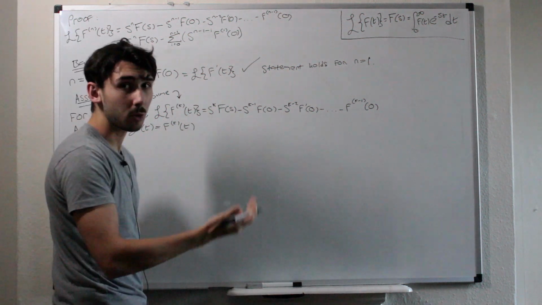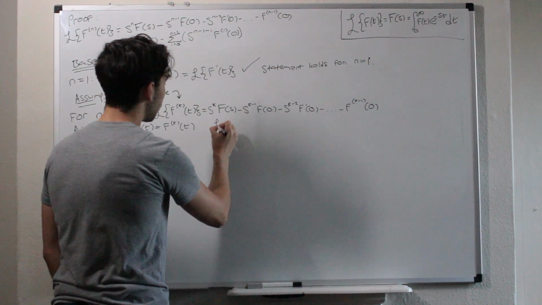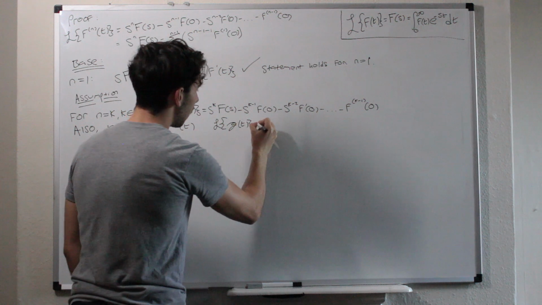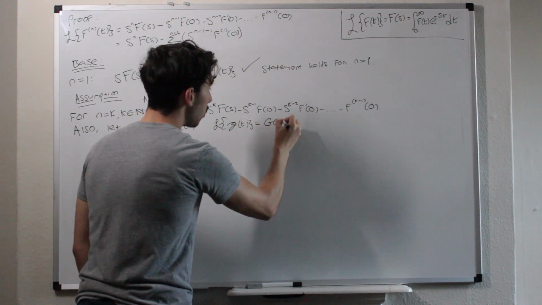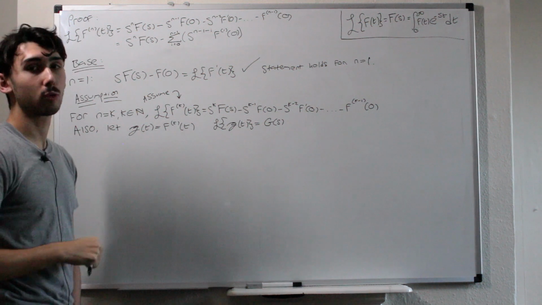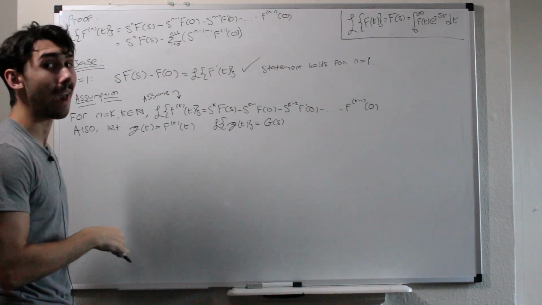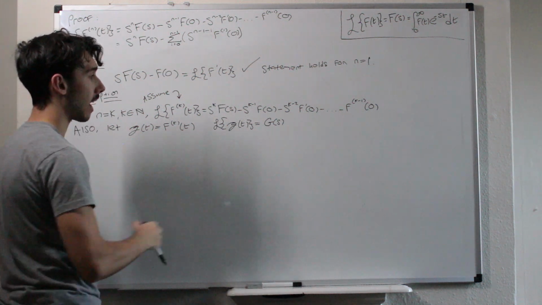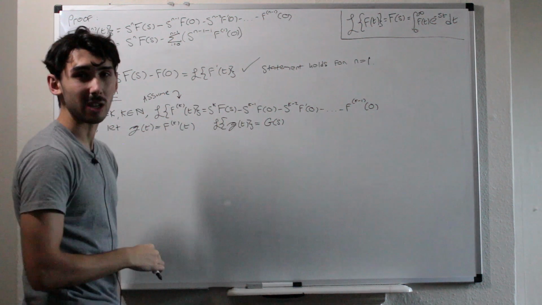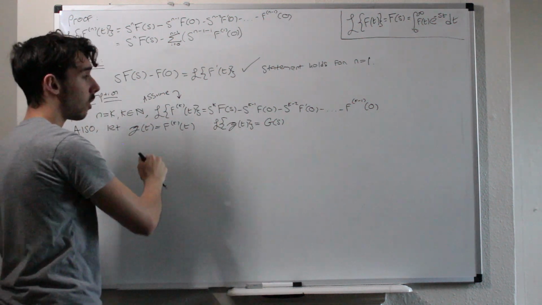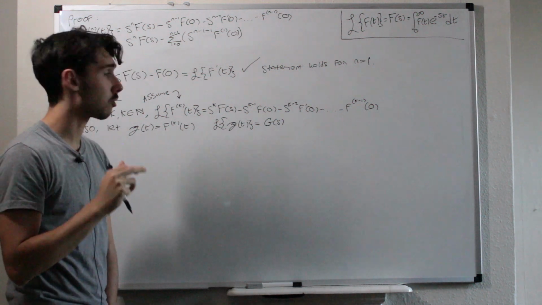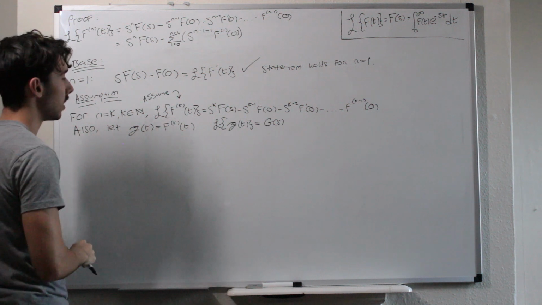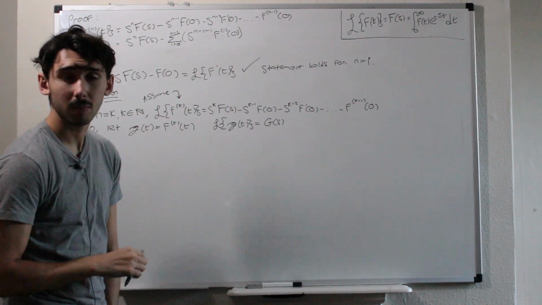Also, just a notation thing, I'm going to say that the Laplace transform of g of t will be denoted by capital G of s, which is no surprise at all, because the Laplace transform of lowercase f of t is capital F of s. So this is completely not a shocker at all, right? G of t is going to have a Laplace transform, and we're just going to call it G of s. That's it. These two things are not assumptions. We're not assuming that they're true. They're just things that I've written down. They're completely valid. It's just saying that your function g of t will just be the kth derivative of f of t. That's all we're saying.